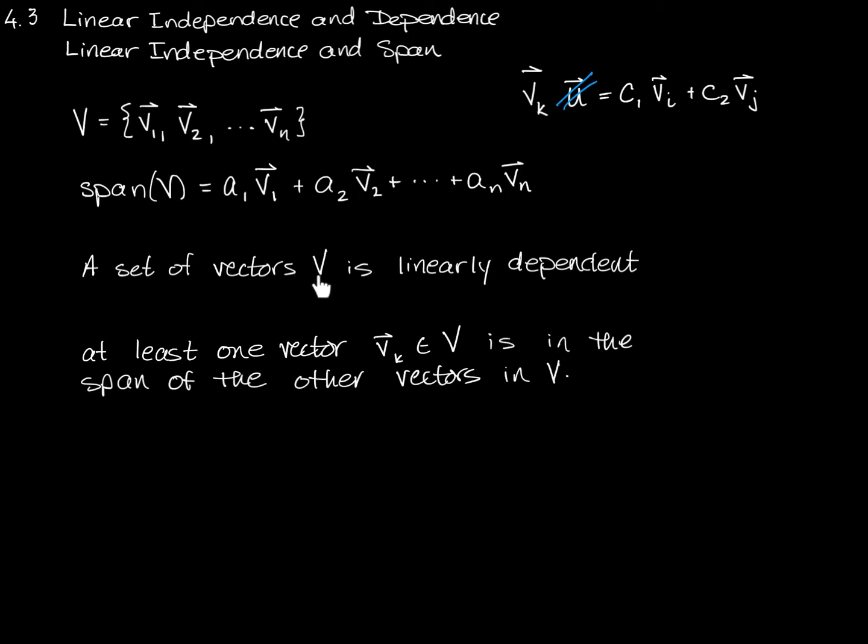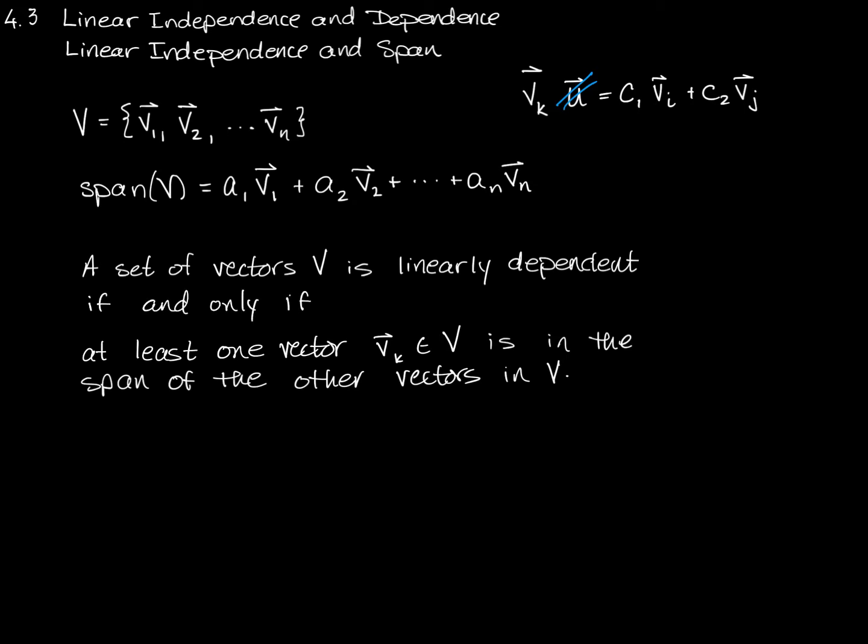One, a set of vectors V is linearly dependent, and the other one is that at least one vector, and we're calling it v sub k, which is an element of the set of vectors V, is in the span of the other vectors in V. Because the first statement implies the second statement, but also the second statement implies the first statement, I can write if and only if.